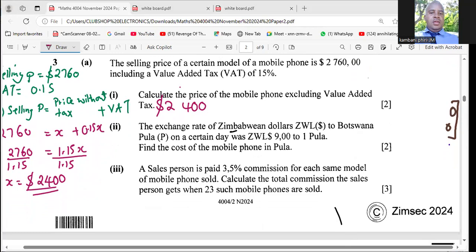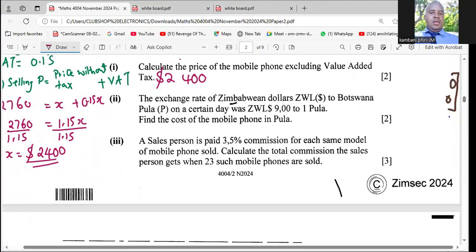Okay, so let's look at the next question. The exchange rate of Zimbabwean dollars to Botswana pula on a certain day was $9 to 1 pula.